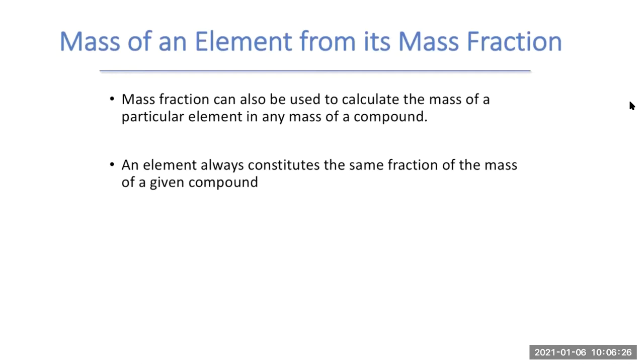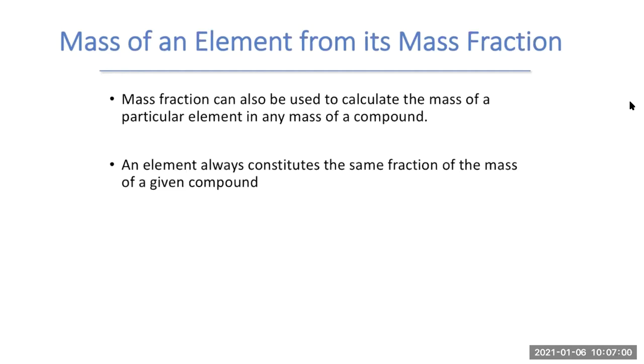Looking a little more at the mass of an element from its mass fraction: once I know the mass fraction, I can use that to calculate the mass of a particular element in any compound. An element will always constitute the same fraction of the mass of a compound. This is part of our law of constant composition, which states any compound will have the same ratio of atoms within it.